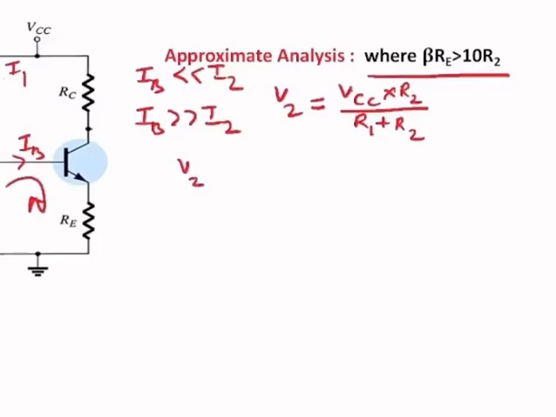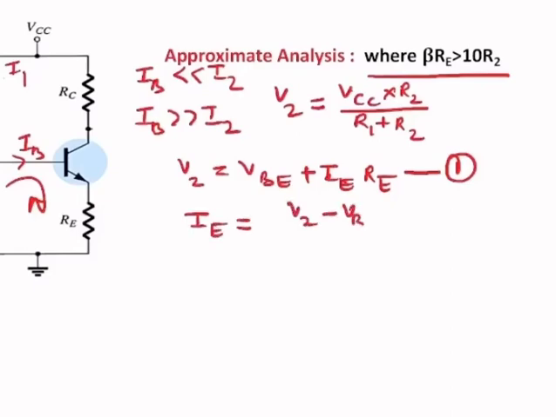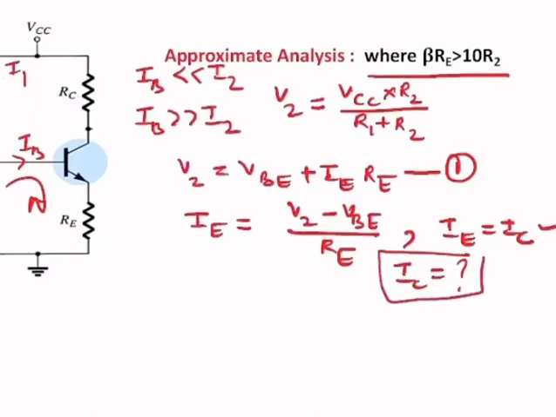V2 is equal to VBE plus IERE, or from this equation 1 you can compute the value of IE, that will be V2 minus VBE over RE, and IE is approximately equal to IC. In this way we can compute the value of IC by using this method.